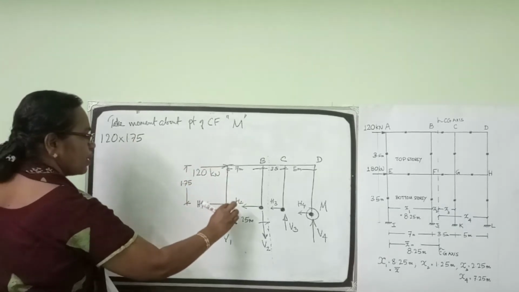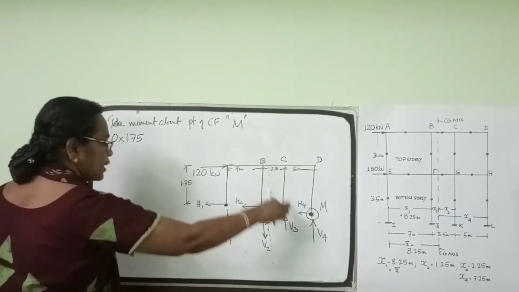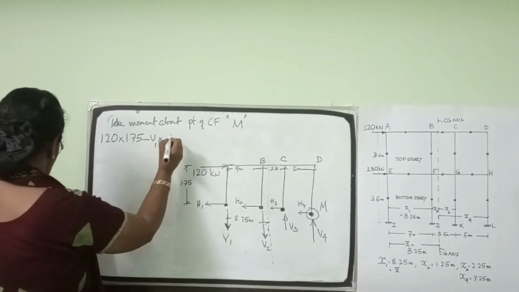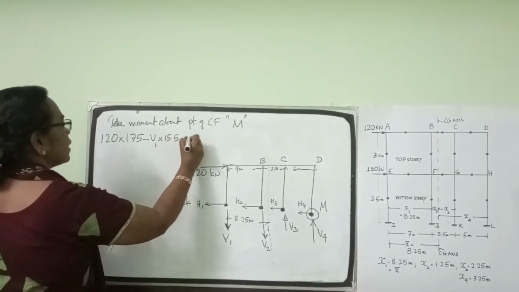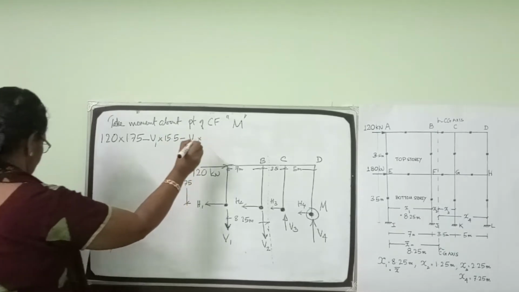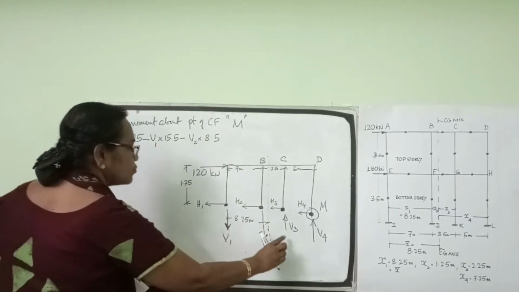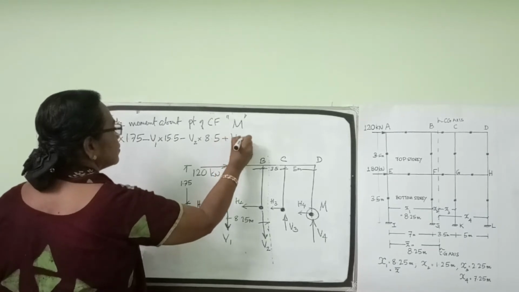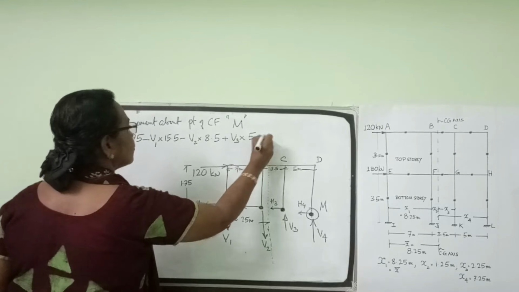This V1 will be producing an anti-clockwise moment. So minus V1 into 15.5, minus V2 into 8.5. This V3 will produce a clockwise moment. So plus V3 into 5 is equal to 0.